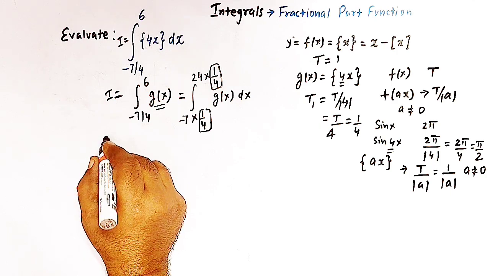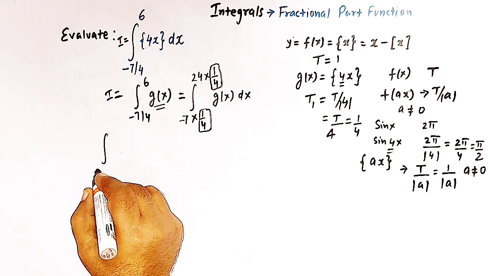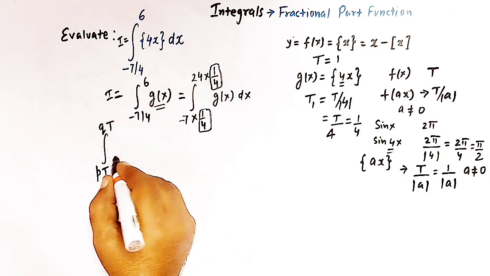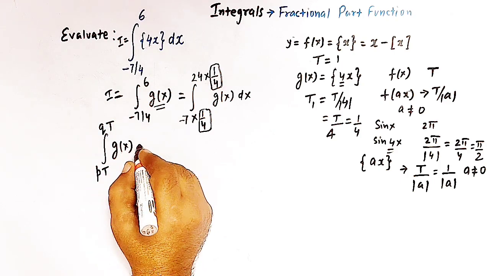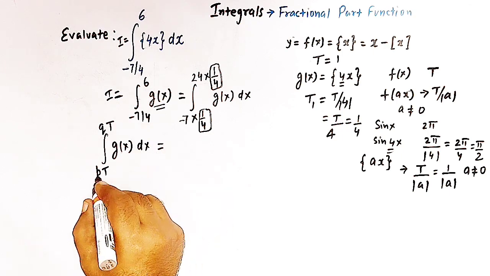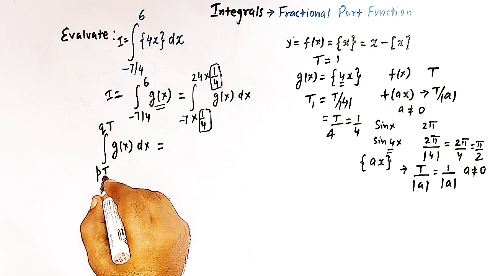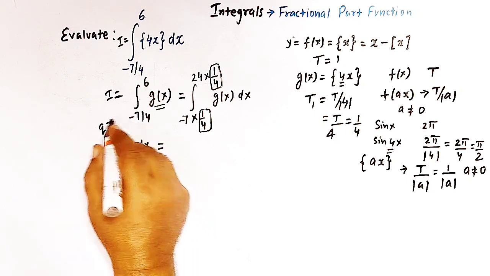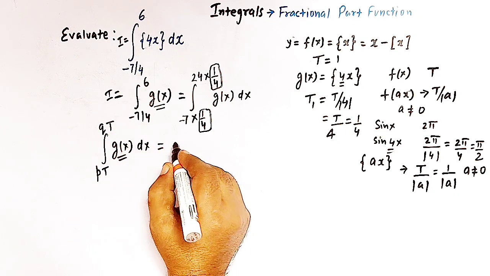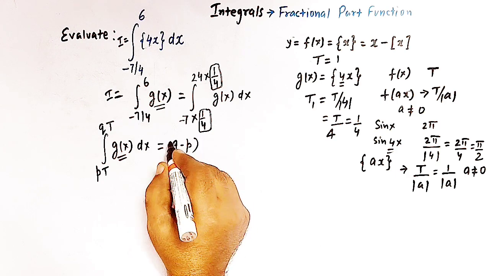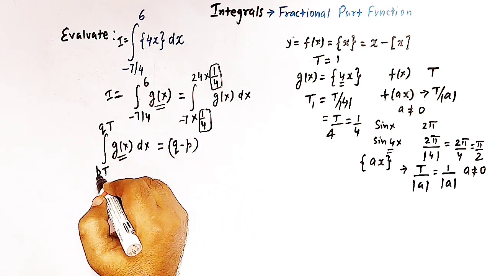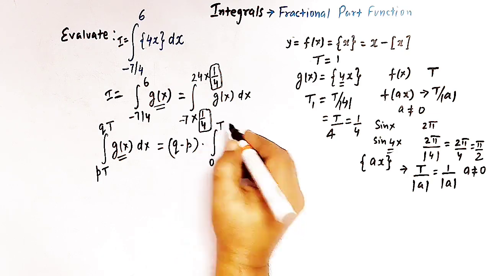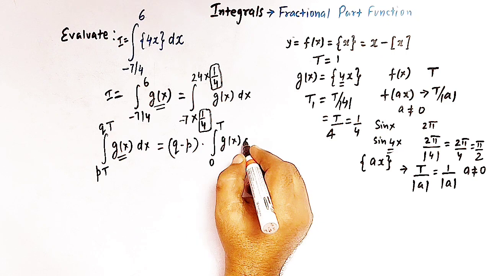We know this property: if we have the integral from p times t to q times t of a function, say g of x, and p and q are integers, and t is the period of g of x, then this integral can be written as q minus p, the difference of these two integers, times the integral from 0 to t of g of x dx.